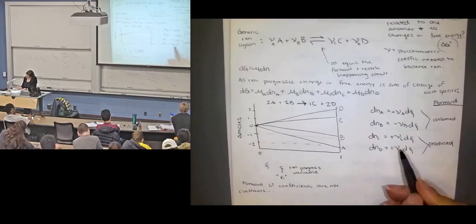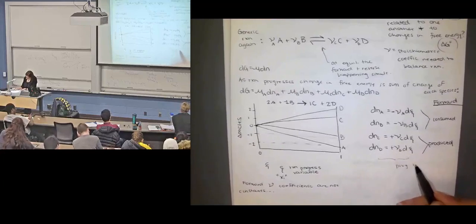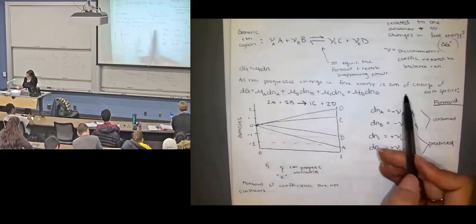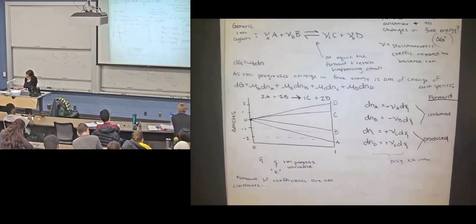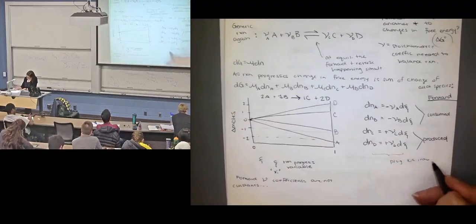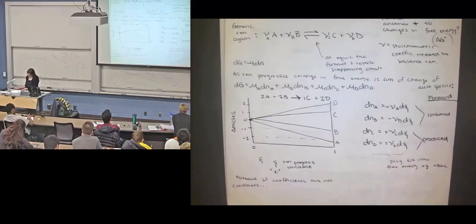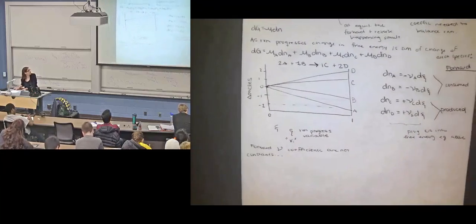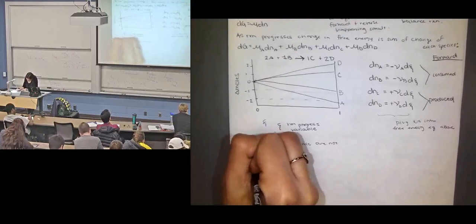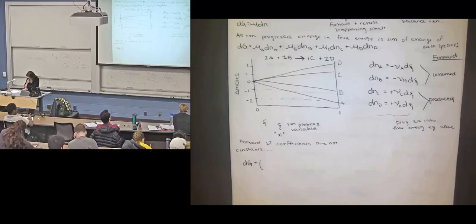So what I want to do now is plug these relationships that I've written into the free energy equation written above, this sum of all the individual differences in free energy for each species, to get a total free energy change for the whole thing. dG is equal to, and I'm also going to pull the reaction progress variable out.